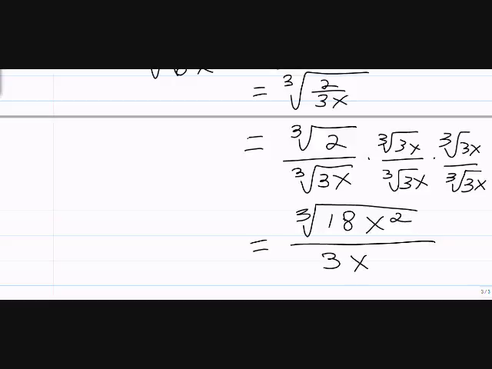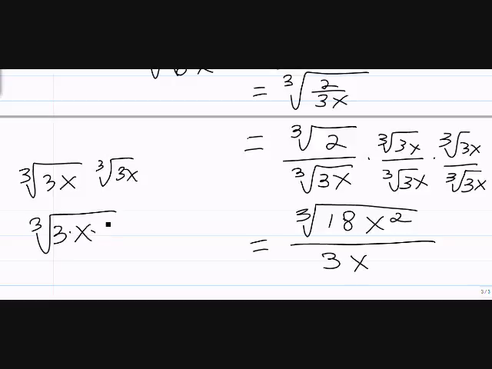Why did I do it 3 times? Let me show you what happens. If I just take the cube root of 3x times the cube root of 3x, that's the cube root of 3 times x times 3 times x. Oh, I don't get to pull any out of 3. I don't get to pull out an x. You got to have triples.